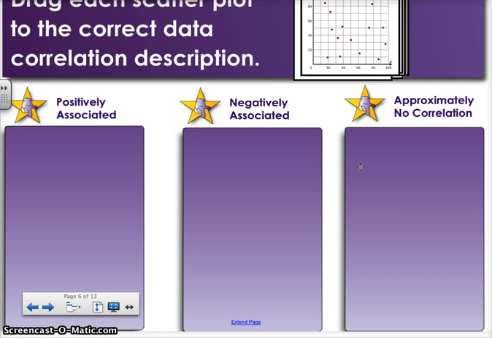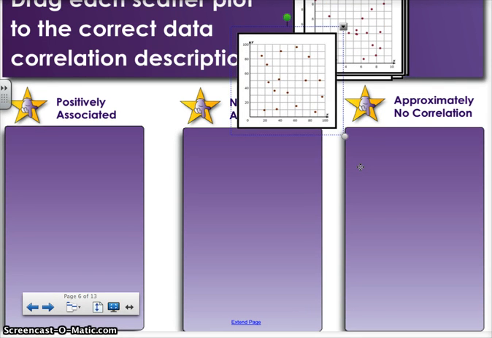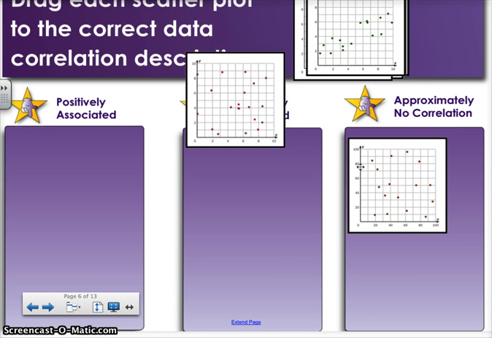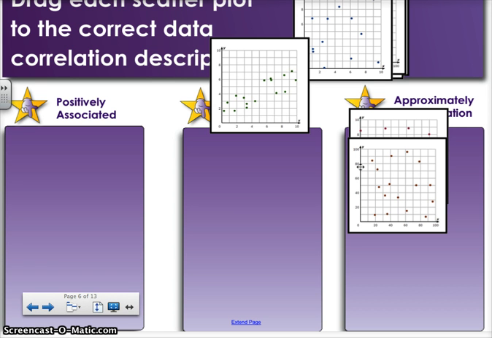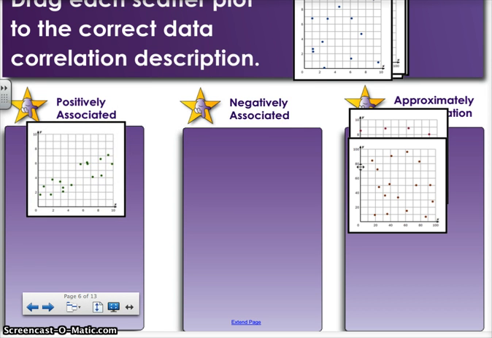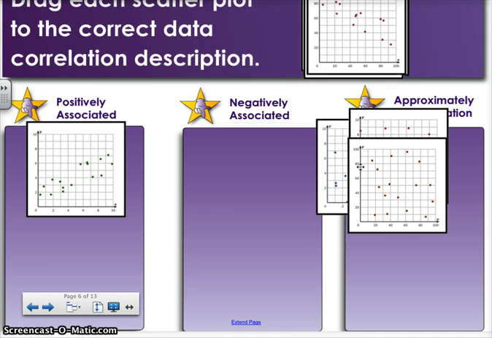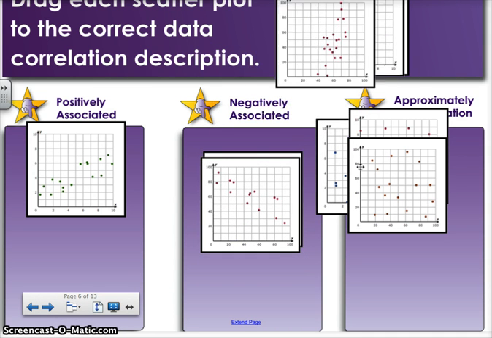So I just want you to tell me, positive or negative or no correlation? No correlation. Positive, negative, none. Positive, you can see the positive line. Positive, negative, none. Negative. Positive.